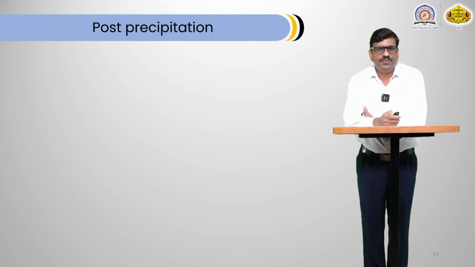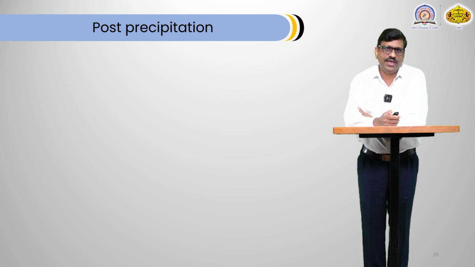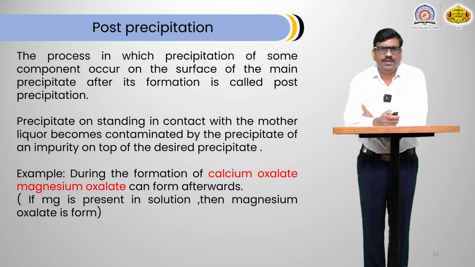Now another type of precipitation is called post-precipitation. After formation of the main precipitate, this post-precipitation occurs. The process in which precipitation of some component occurs on the surface of the main precipitate after its formation is called post-precipitation.